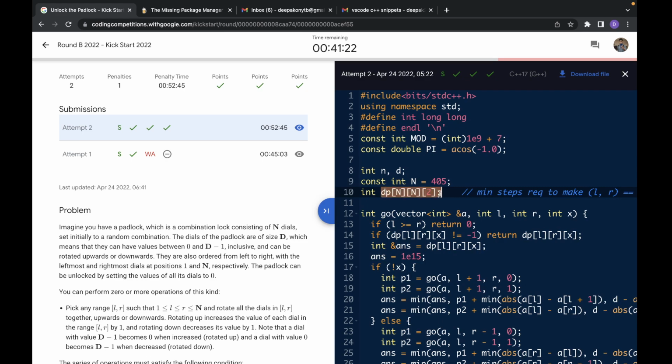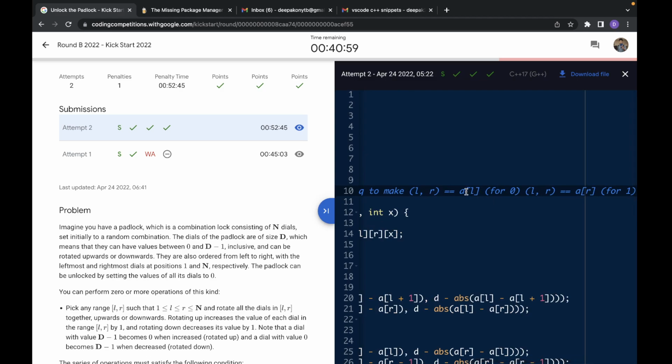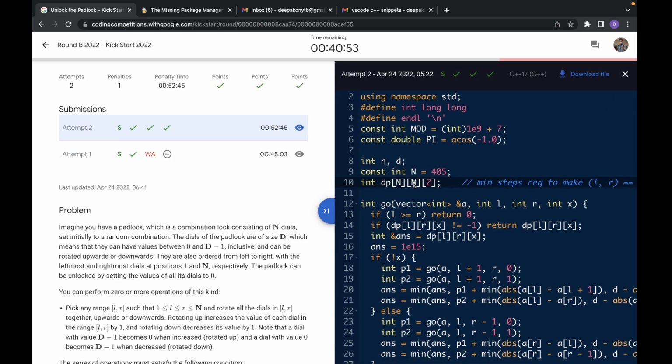So what this DP means is the minimum required: DP of IJK is the minimum number of steps it will take you to make all the numbers from I to J the same. If your K is zero, then they should be equal to A of L, I mean the first number. If your K is one, then all of them should be equal to your last number in the range, which is your R.